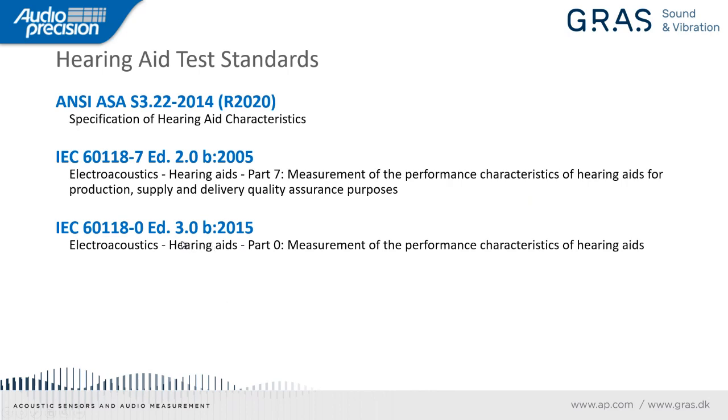This covers a wider frequency range. I think it goes from 200 hertz to 8 kilohertz, whereas the production test standards cover 200 hertz to 5 kilohertz. There are also some additional tests in the Part 0 standard that are not part of the Part 7 and the ANSI S3.22 standards.